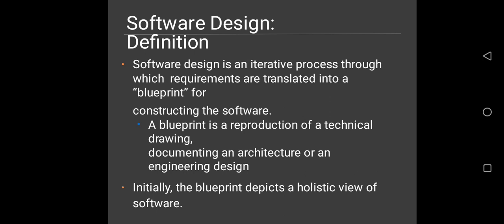There are various design notations. Using these design notations, the defined requirements are converted into models. Then only it will be converted to coding. A blueprint is a reproduction of a technical drawing. A blueprint means a collection of design models.